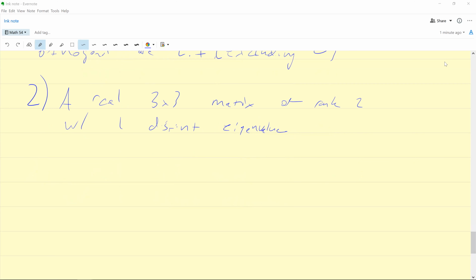Any thoughts on how we might approach this? My first thought is that if it has 1 distinct eigenvalue, then that eigenvalue would have multiplicity 3. Yep. And I don't quite remember, but the rank-nullity thing would add up to 3 then, right? So if the rank is 2, the nullity would be 1, according to the rank-nullity theorem.